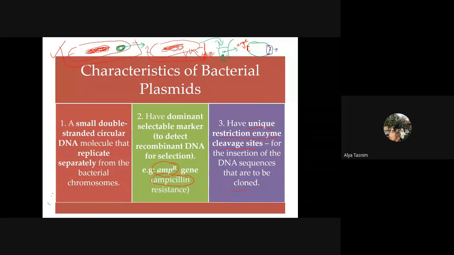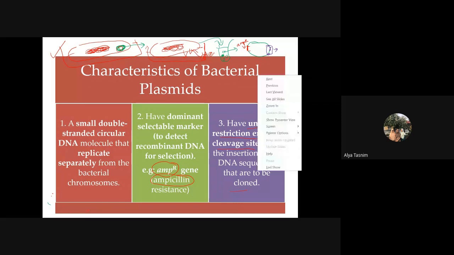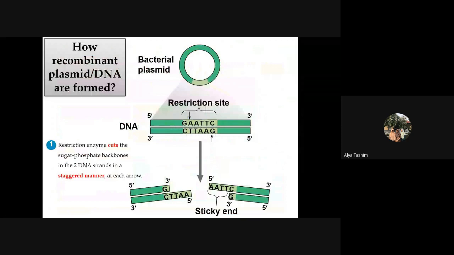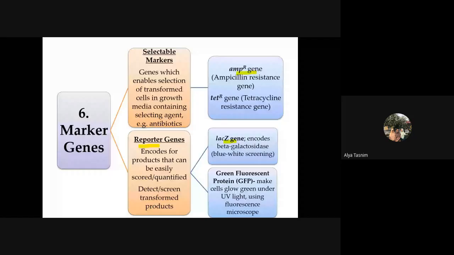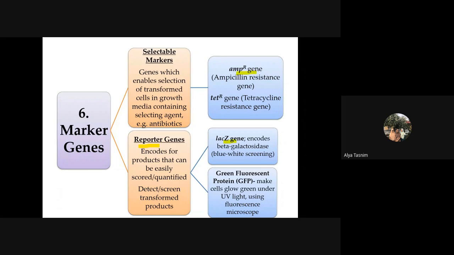So gene tu, region yang mana adanya restriction site, kita namakan dia sebagai reporter gene. So selalunya restriction site ada dalam reporter genes. Nanti kita akan tengok what is the significance of having this restriction site inside the reporter gene.